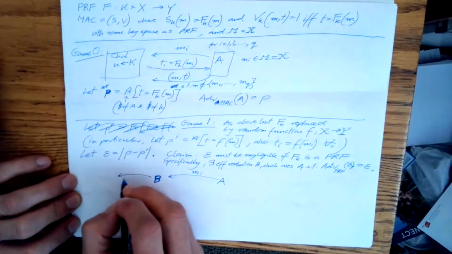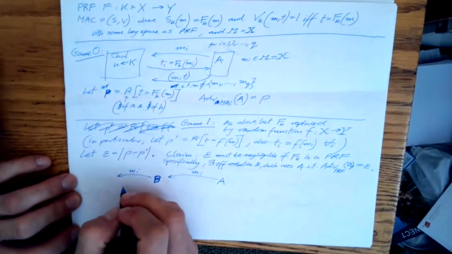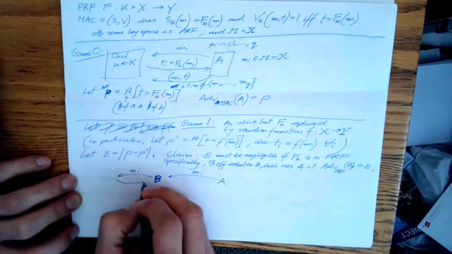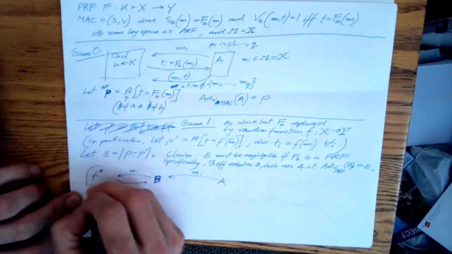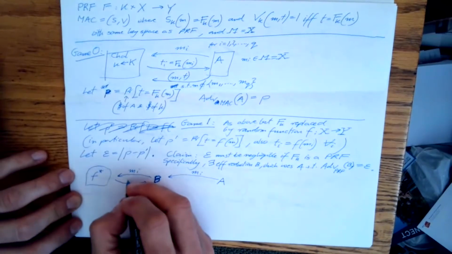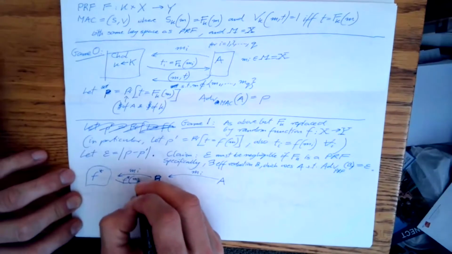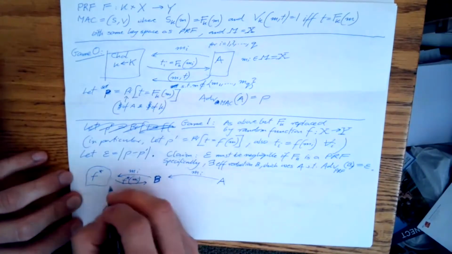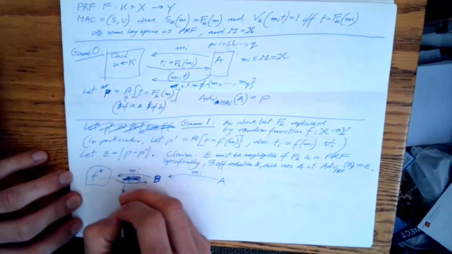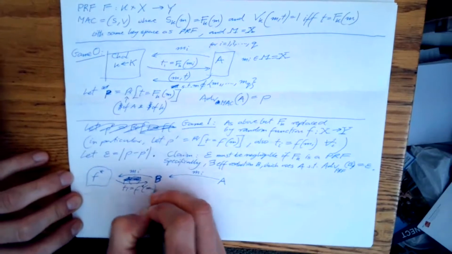So B is going to choose these messages, and it accesses a box. Let's call it f star. It outputs values like this: t_i is f star applied to m_i.